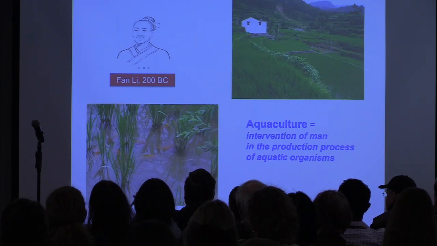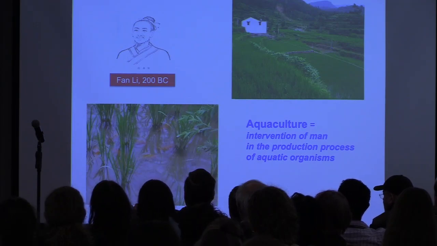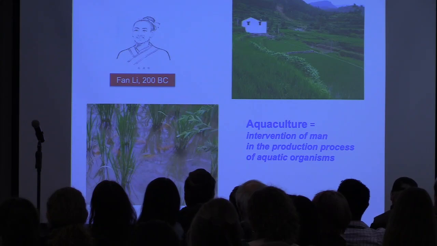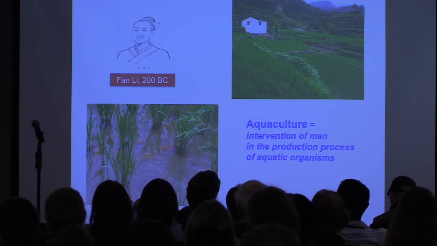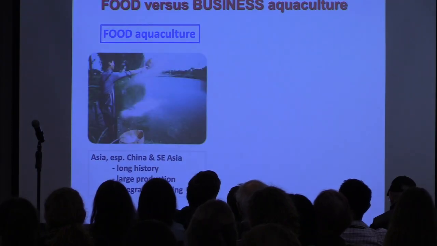If you think, for example, about the mussel production in the Netherlands, they are just collecting the small mussels and putting them out in another area where there is more food. Well, this is considered aquaculture, as you see: intervention of man in the production of aquatic products.